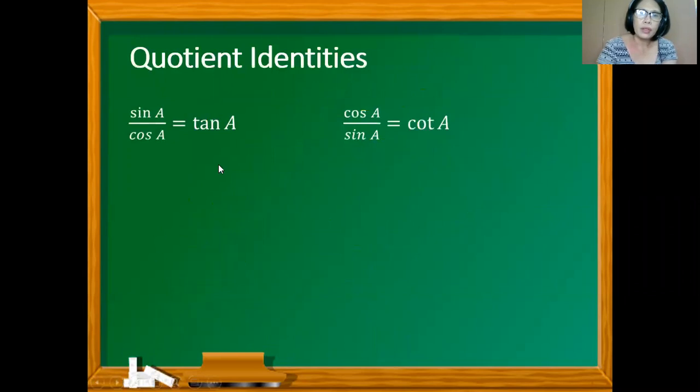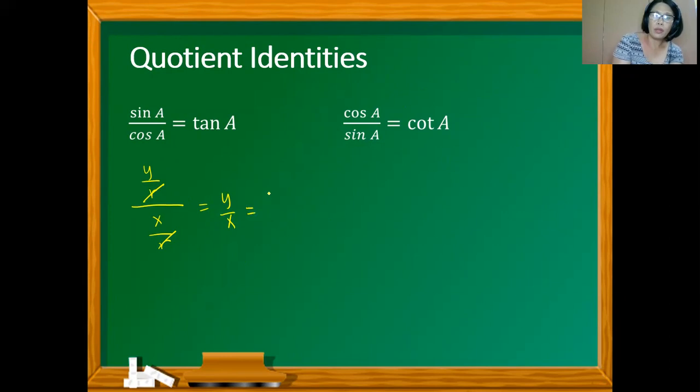Now we have these quotient identities. So sine A all over cosine A is tangent A. So by working on the ratio, we know that sine A is equal to y all over r, and cosine A is x all over r. Simplifying this complex fraction will lead to y all over x.